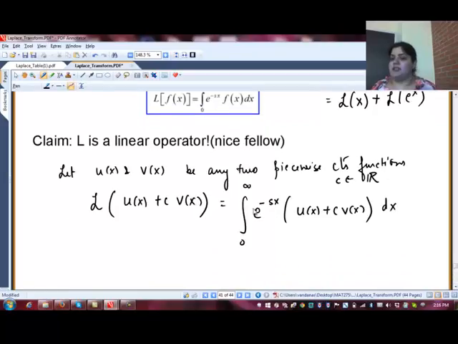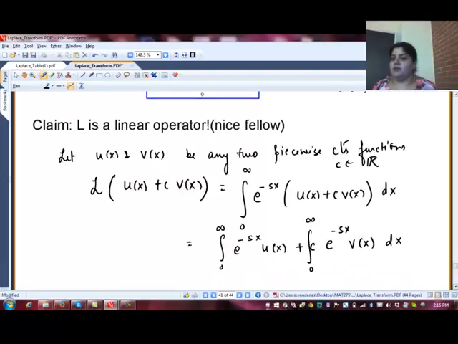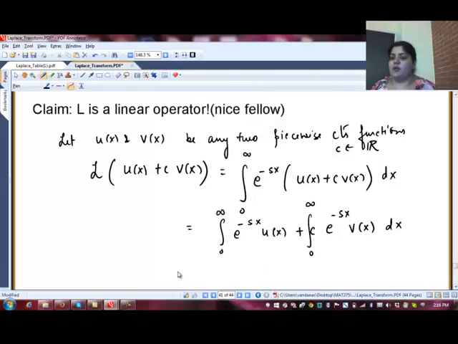Now since it's a multiplication here and integration, I will first multiply and then distribute this integral on both terms. So first I am just multiplying with e to the minus sx on both the functions, and then I will distribute the integral as well. So the integral of the sum is the sum of integrals, and c is just a scalar, you can pull it out.